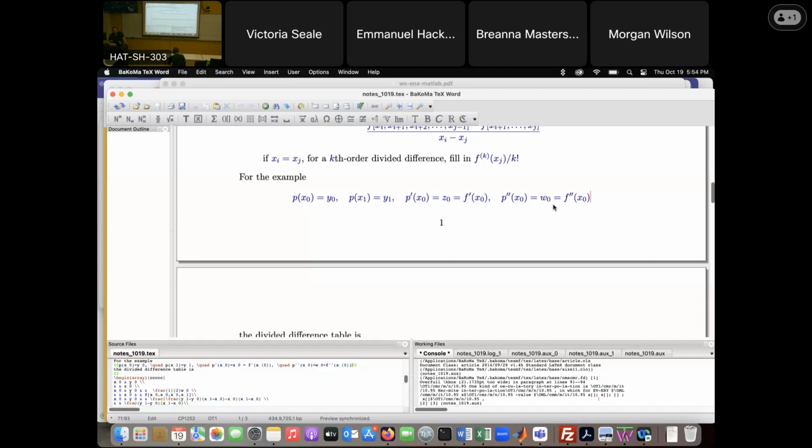When it says, for example, p of x naught equals y naught, and p of x1 equals y1, could we have a case where we have more than just those 2 points, or is it always 2 points there?